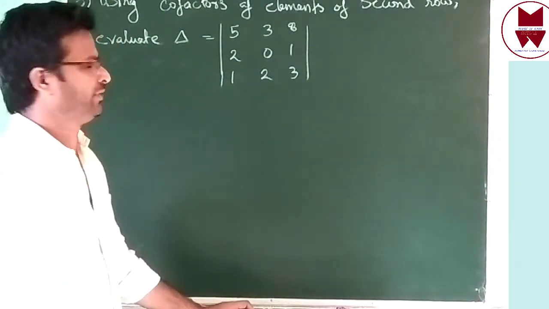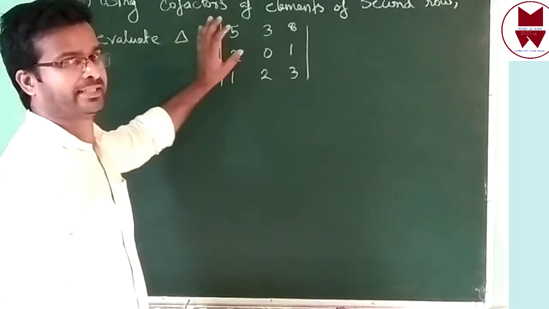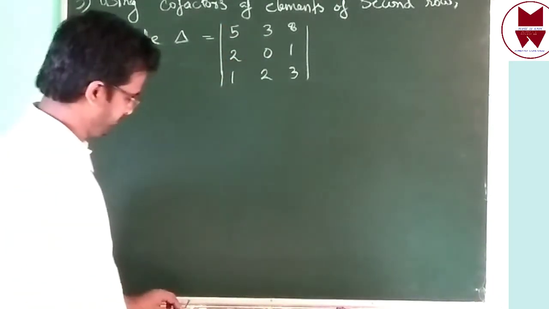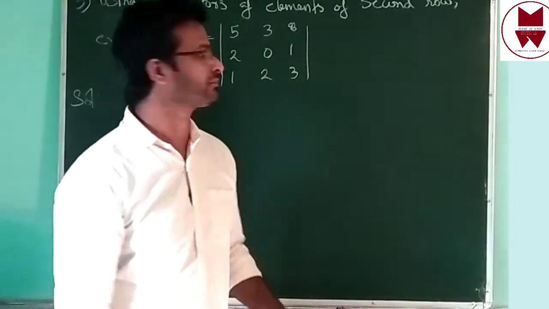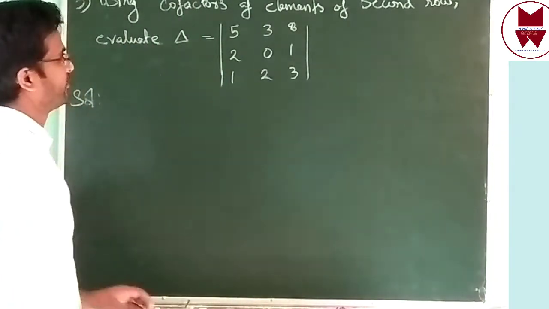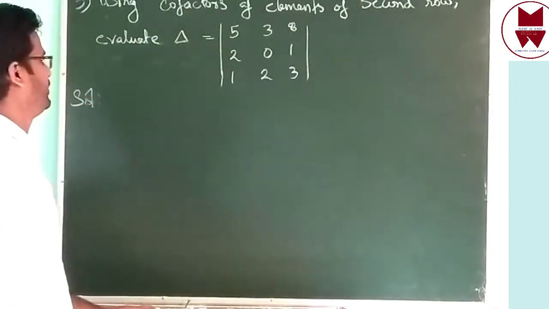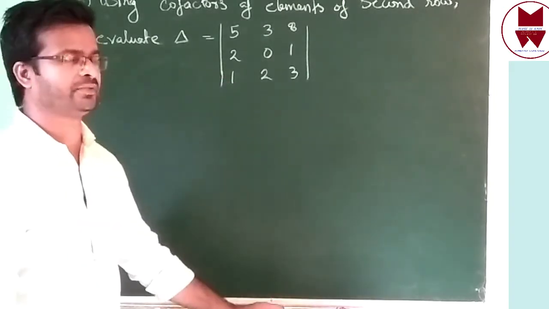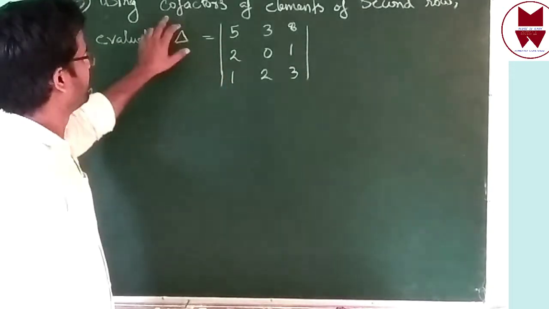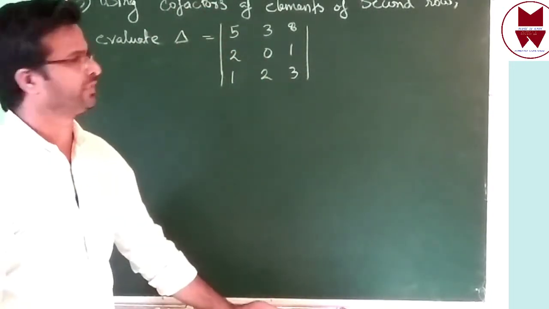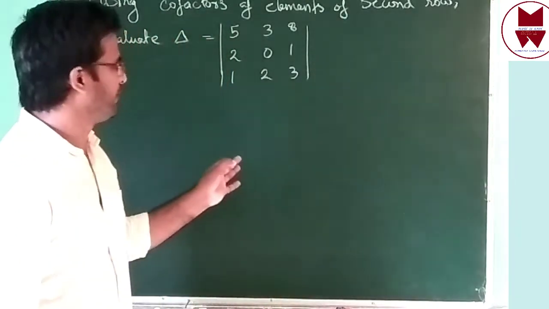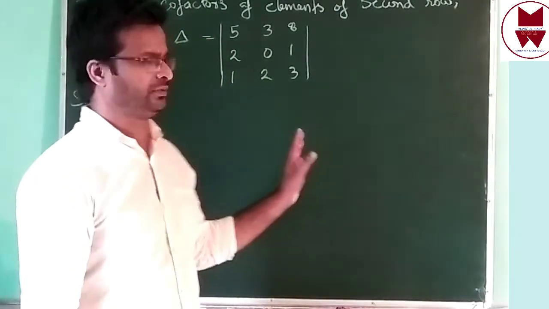Not direct expansion; we will use cofactors here. One determinant is given, we have to find its value. One condition is there, we have to use cofactors and the second row.